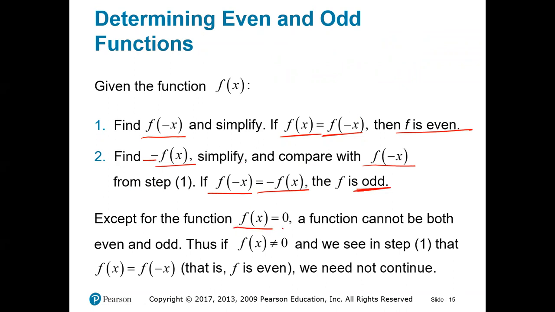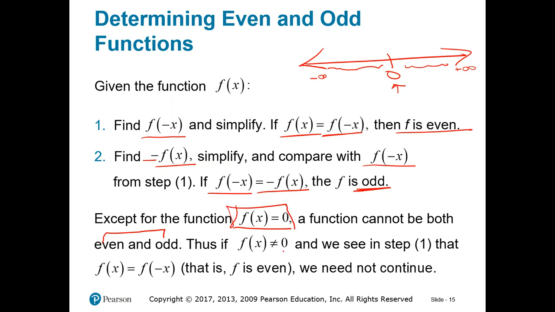Except for the function where f of x equals 0, a function cannot be both even and odd. And y'all, just a quick reminder, 0 is not even and it's not odd, right? Everything on the left side is negative and everything on the right side is positive, but 0 stands alone. It's neither even nor odd. This is why this is true.